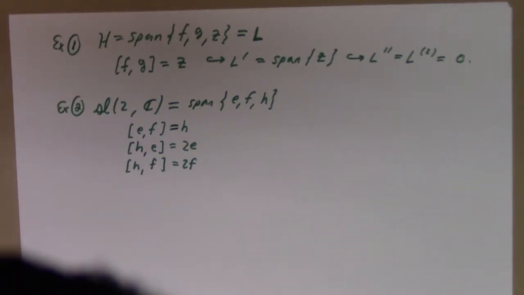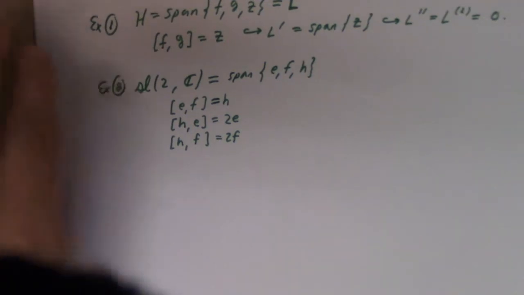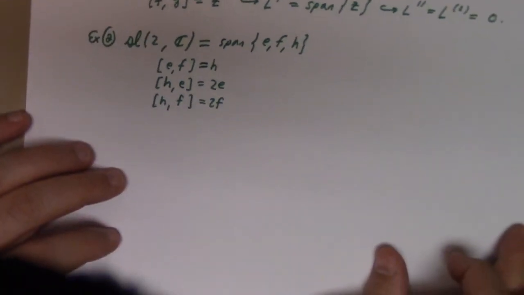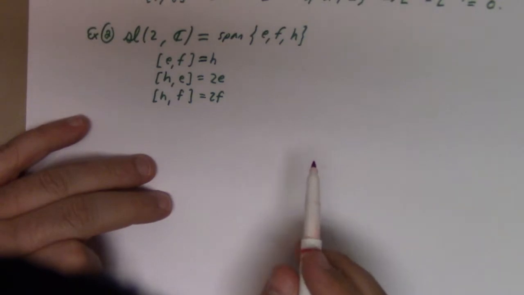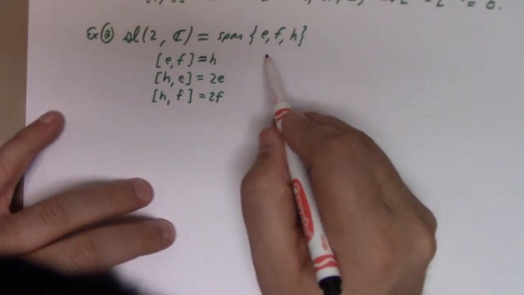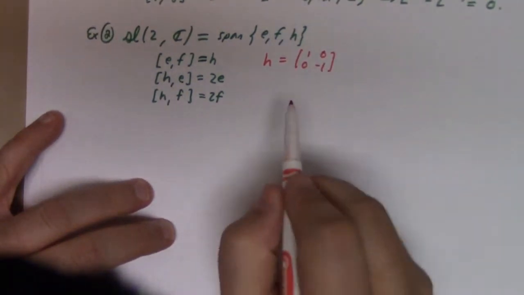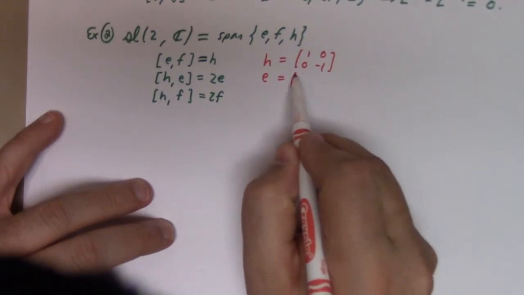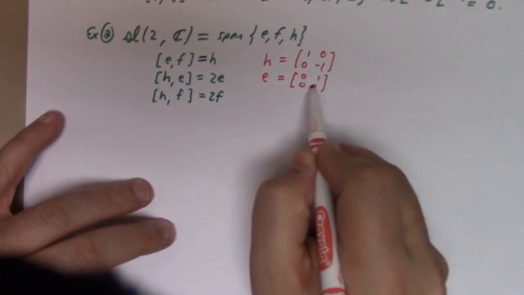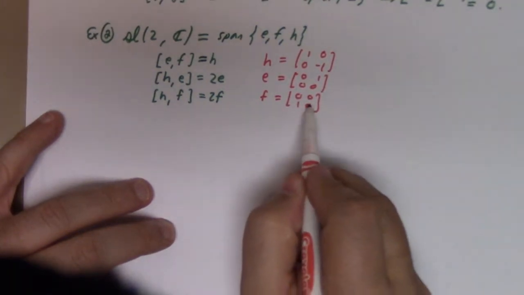I think the explicit 2 by 2 matrix construction of this is just as follows. I believe H we can take as 1, 0, 0, minus 1. And then E is 0, 1, 0, 0. And then F is 0, 0, 1, 0. Of course, these are 2 by 2 complex matrices.